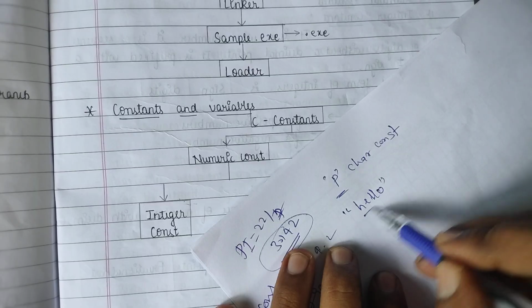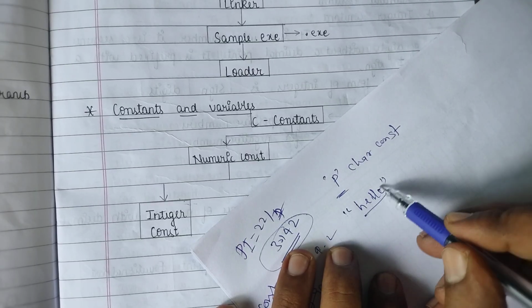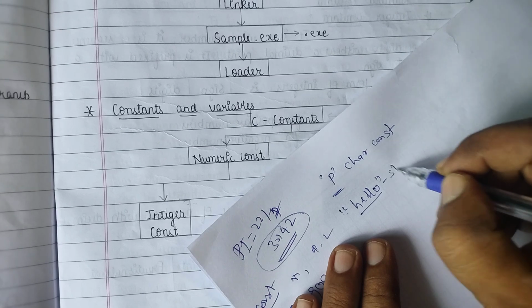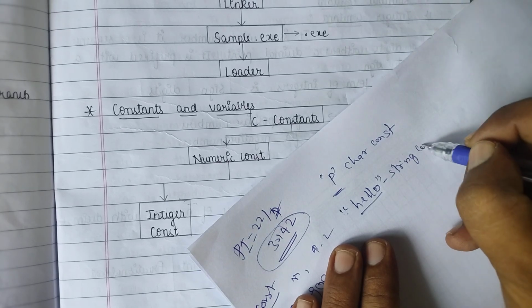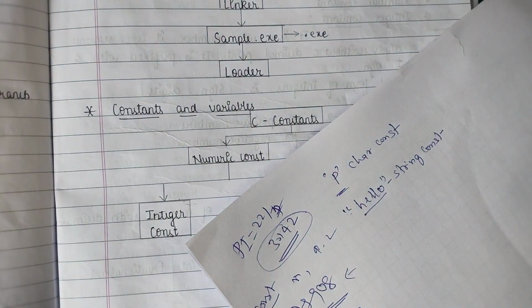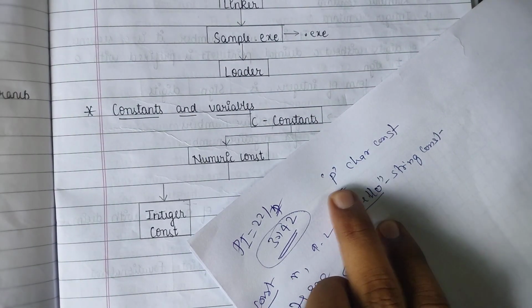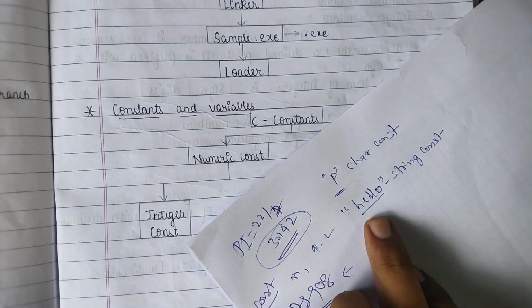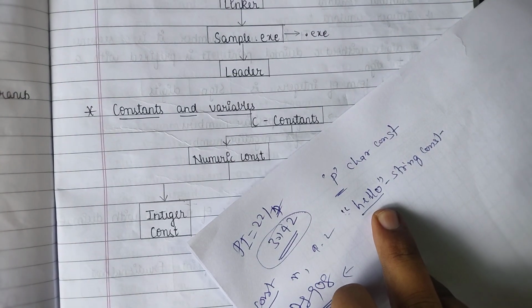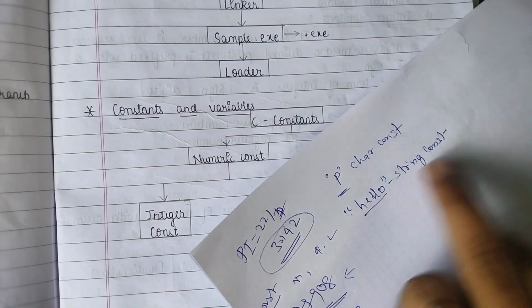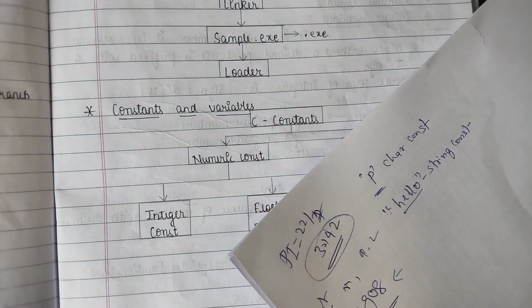A sequence of characters which is enclosed within double quotation marks is called a string constant. A single character enclosed within single quotation marks or apostrophes is called a character constant, and a sequence of characters enclosed within double quotation marks is called a string constant.